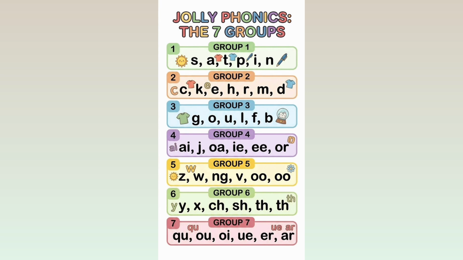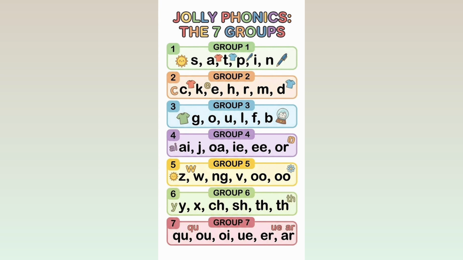Now if you want to teach the letter sounds, you have to follow this Jolly Phonics group 1 to 7. For kids who are just 3 to 4 years old, we will go step by step. We will give them the basic letter sounds first, then gradually the advanced ones. We will start from group 1.